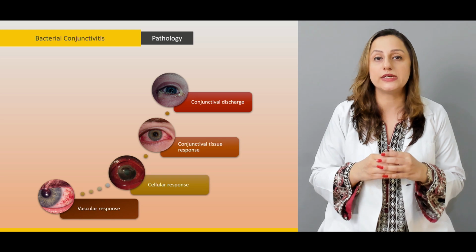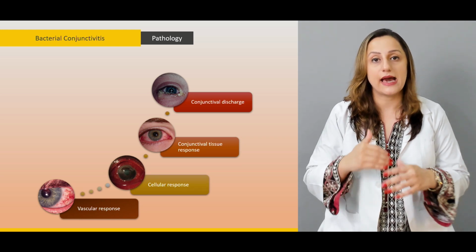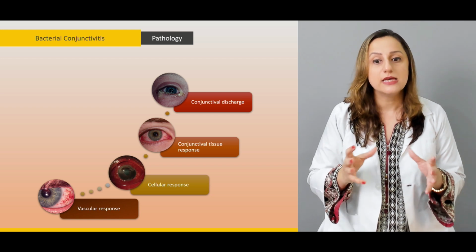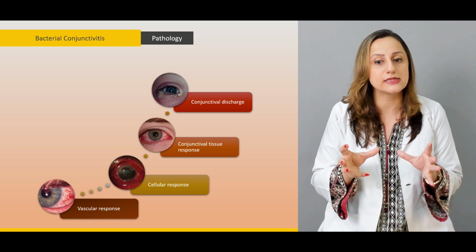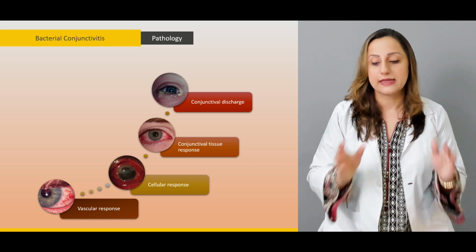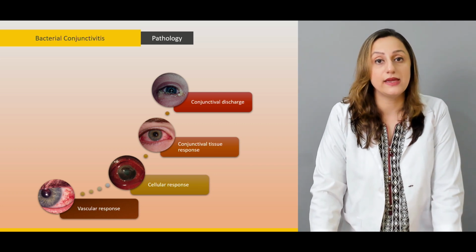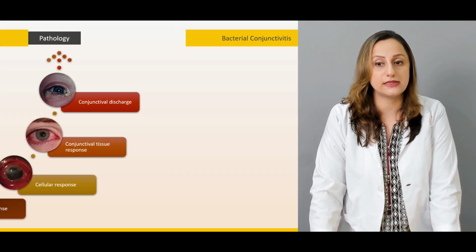It can include the lower margin of the eyelid, or it can be present at the upper margin of the eyelid. So this sticky, mucopurulent discharge present at the medial canthus or at the lateral canthus is quite suggestive of bacterial conjunctivitis rather than viral conjunctivitis in these patients.